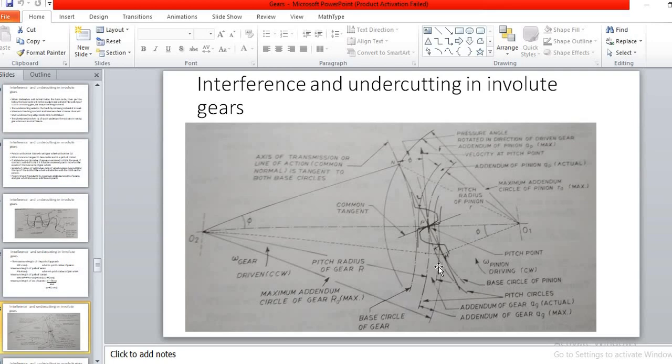Addendum of this gear having center O2 is represented by this curve. And if we change this addendum, that changed addendum circle is shown here. So this is the base circle, this is the addendum circle, and this is the maximized addendum circle when the addendum is changed for this gear having center O2.